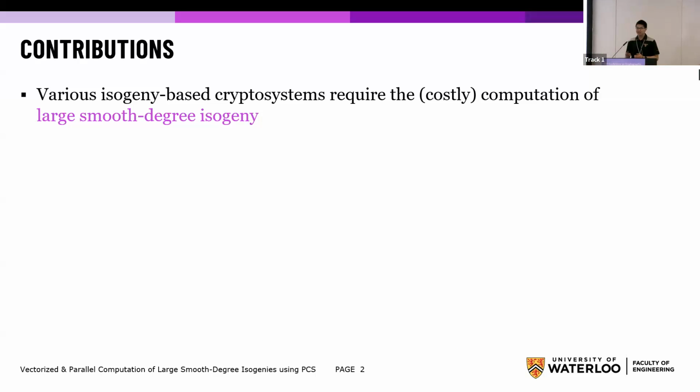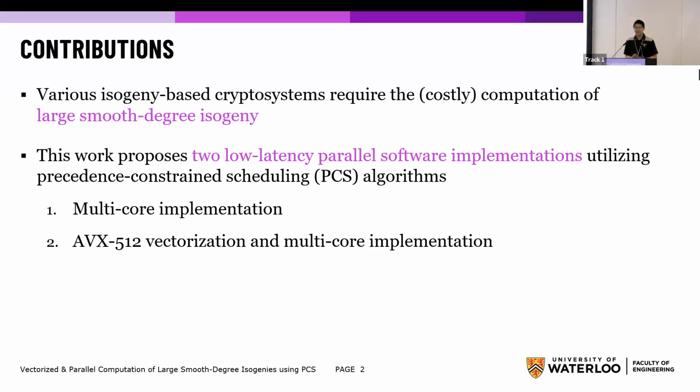For the first thing, I would like to give you a quick overview of the contributions of this work. Various isogeny-based cryptosystems, whether encryption schemes, hash functions, VDFs, or signature schemes, require, or some of them require, the costly computation of large smooth degree isogenies. In this work, we propose two low latency parallel software implementations utilizing precedence-constrained scheduling, or PCS, algorithms.